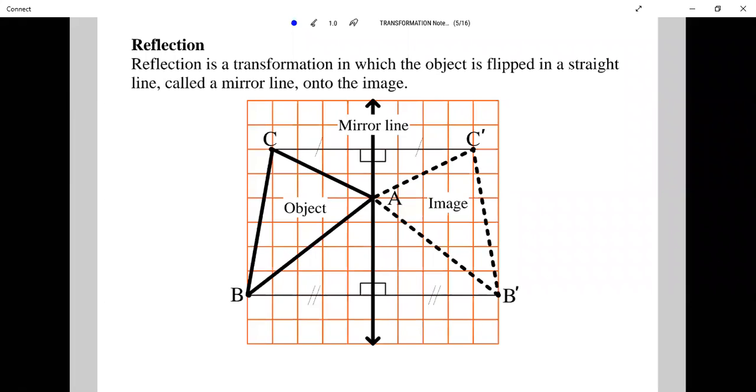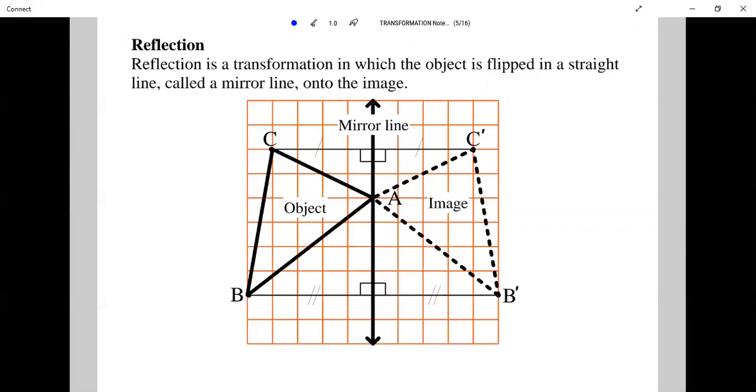Please note that the point A is on the mirror line, and later on we'll talk a little bit about that. Note also that the distance of B from the mirror line and the distance of B prime from the mirror line is the same.